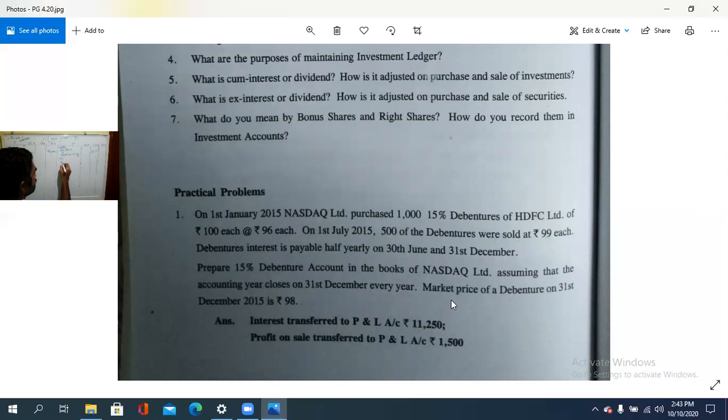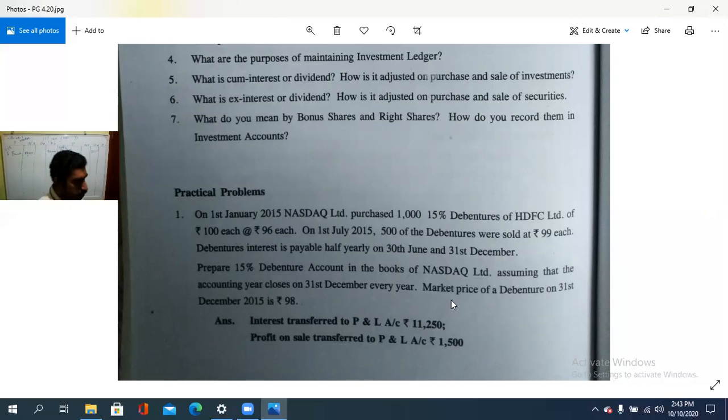Then how much is sold on 1-7-15? That is also by bank. How much is sold? 500 at rupees 99. So 500 into 99 is 49,500.